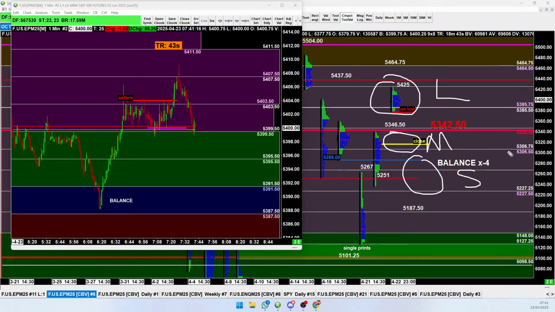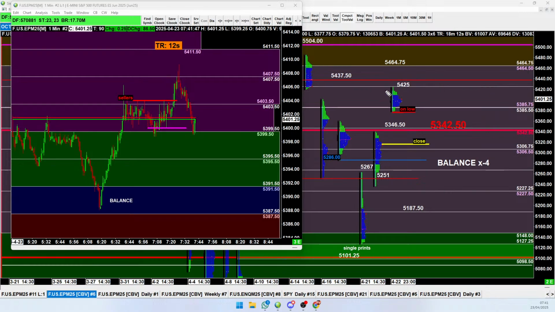Does that make sense? If inventory is long, we're looking for a move down. If inventory is short, we're looking for a move up. If inventory is mixed, we're looking for back and forth chop. That's how you manage your expectations.